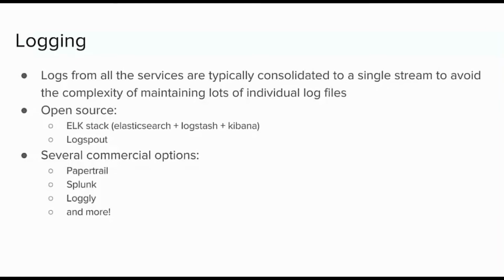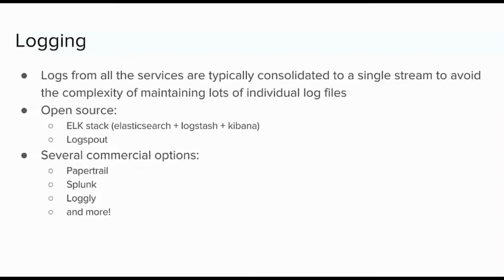There are a couple of open source options. The one that I showed you today with the color coding is Logspout. It's specifically for Docker. I wanted to keep the VM small to increase the chances of all of you being able to run it on your laptops. If the size of the VM was not a limit, I would have installed the ELK stack, which is Elasticsearch, Logstash, and Kibana.